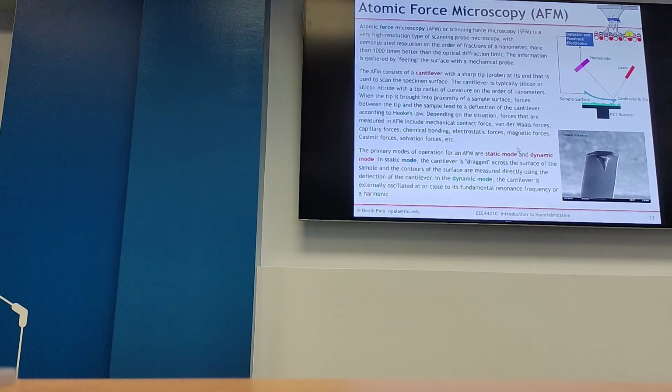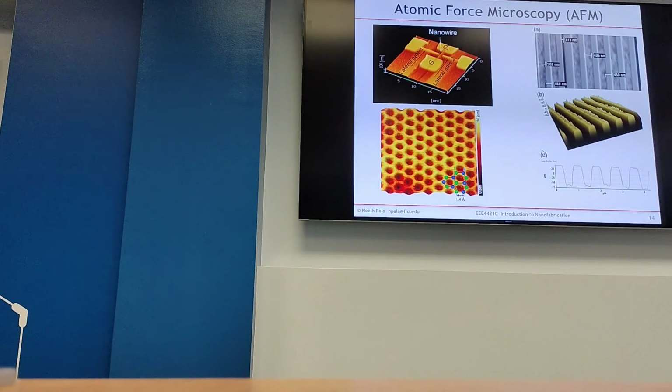There are typically two modes. One is static mode, where you just drag it and then measure, and the other is dynamic mode, where it oscillates and then measures. The dynamic mode reduces the noise. But either way, you can scan the surface and get quite accurate, very, very high resolution images. You see here, this is graphene. This is 1.4 angstrom between atoms.